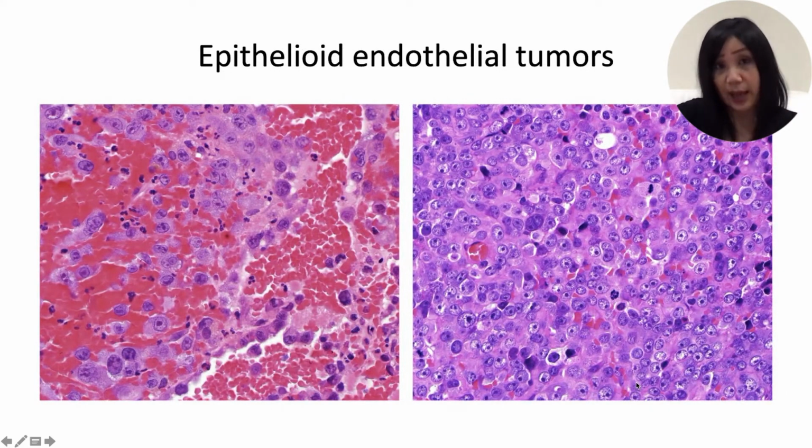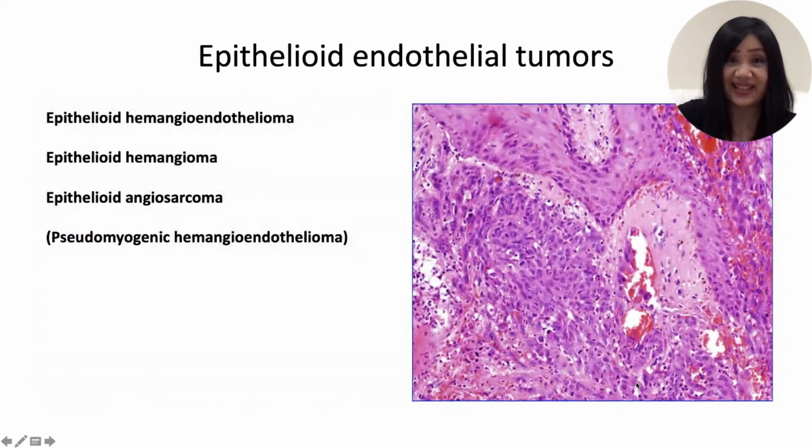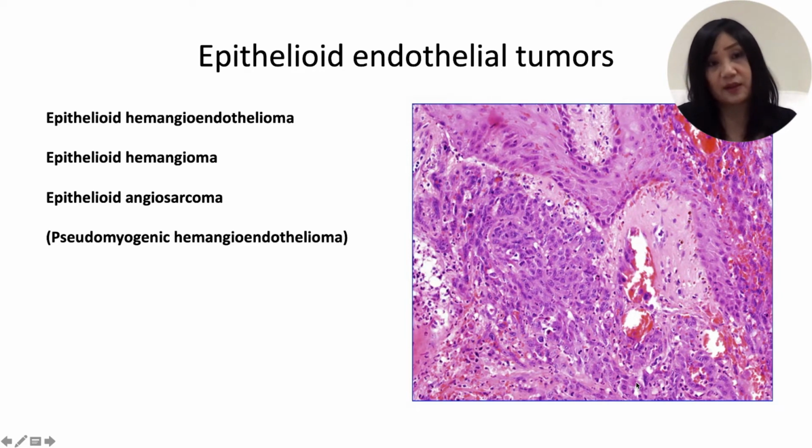So some words on epithelioid endothelial tumours. So the principal ones are as follows: epithelioid hemangioendothelioma, epithelioid hemangioma, epithelioid angiosarcoma, and as we mentioned, pseudomyogenic hemangioendothelioma. So we'll only discuss briefly the ones that come into the differential diagnosis of epithelioid sarcoma.